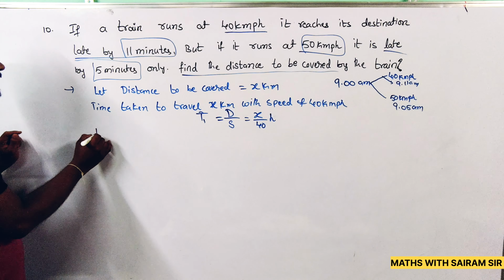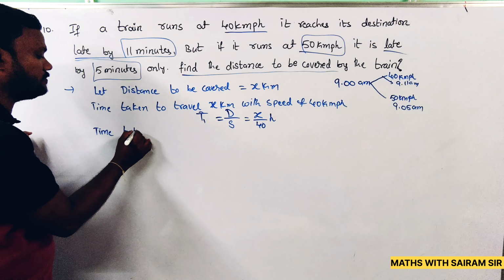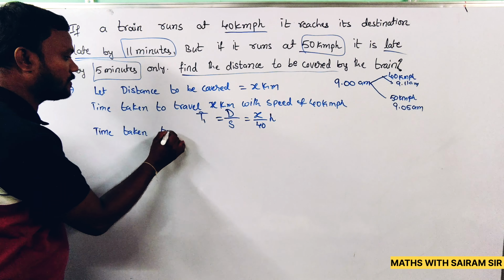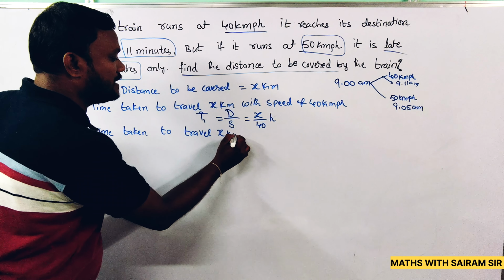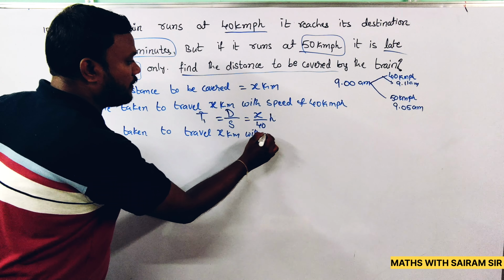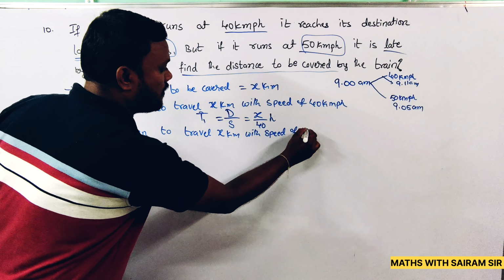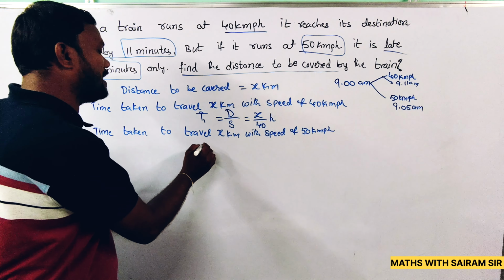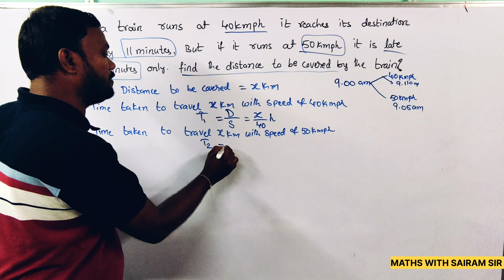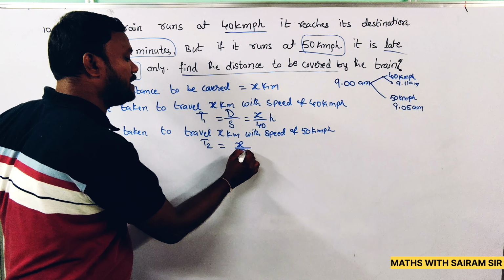In the same manner, in the second case, the time taken to travel x kilometers with the speed of 50 kmph, I am supposing as time 2, that is equal to x distance by 50 kilometers per hour.